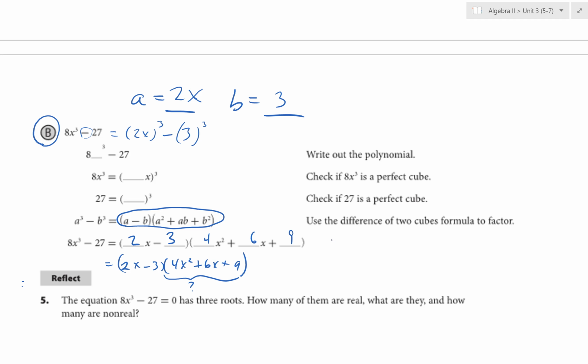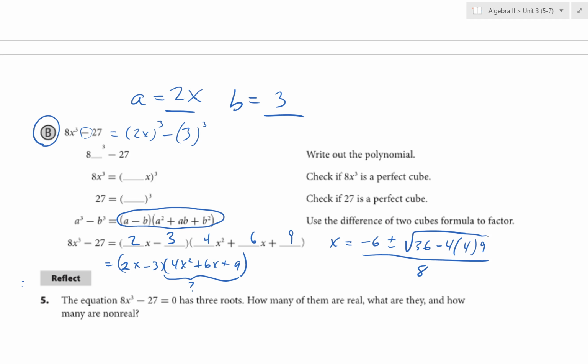So if I plug that into the quadratic formula, that would be x equals -6 plus and minus the square root of b squared, which is 36, minus 4 times a times c over 2a, which would be 8. Okay? Now notice that underneath the radical, I'm going to have a negative. That's 4 times 4 is 16 times 9. What's 16 times 9? Is that 144?